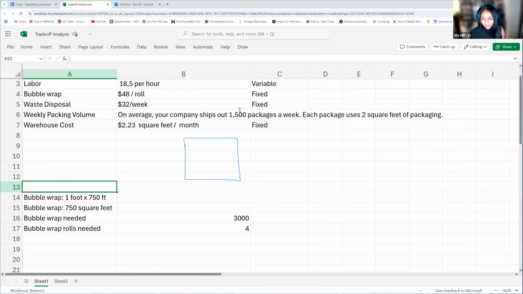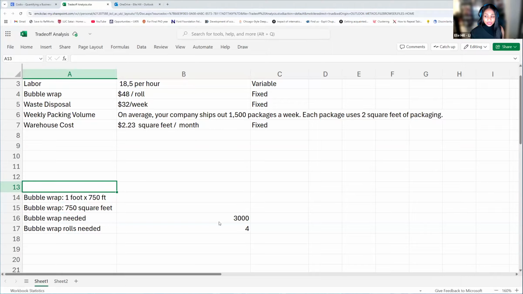Then we need to multiply this 1,500 packages a week times 2 square feet, because every single individual package is going to need 2 square feet. This allows us to figure out how much square footage of bubble wrap we need.